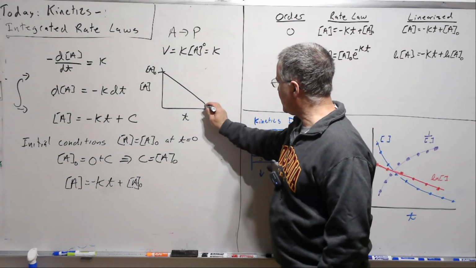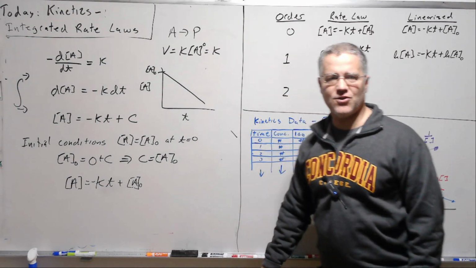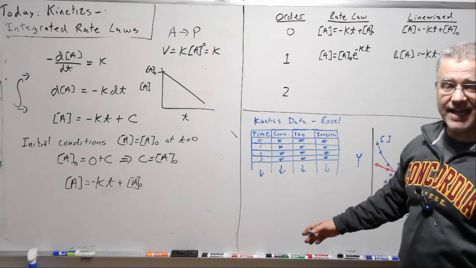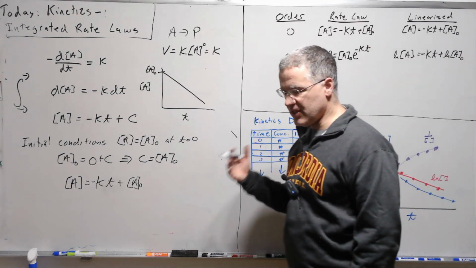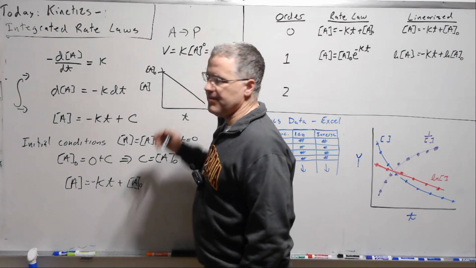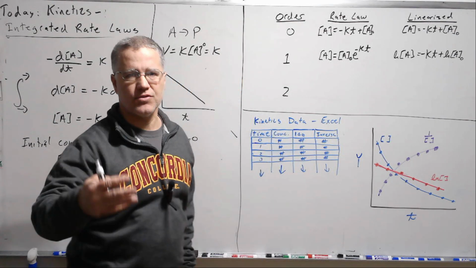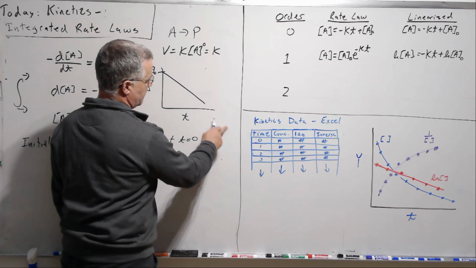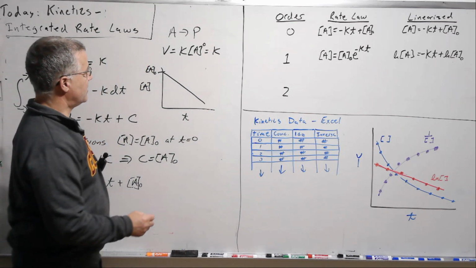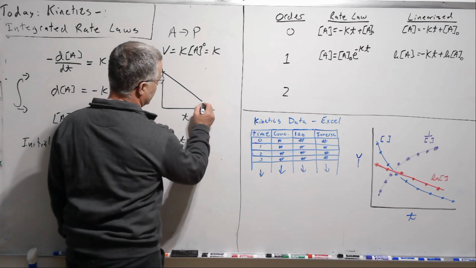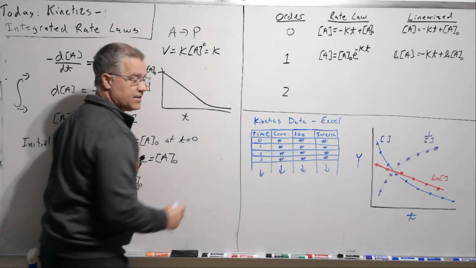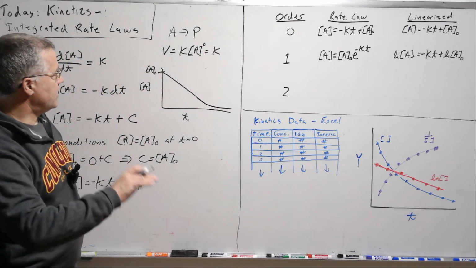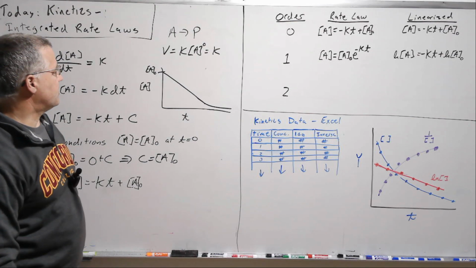Just a little note here. Notice that if time just keeps going, we just go in a straight line and we end up having a negative concentration. And so what this says is that things can be 0th order only at the sort of the beginning of the reaction. Once we start to run out of reactants, of course the reaction has to stop if we don't have any of those reactants. So this will end up folding over and taking another form when the reactant is very depleted.